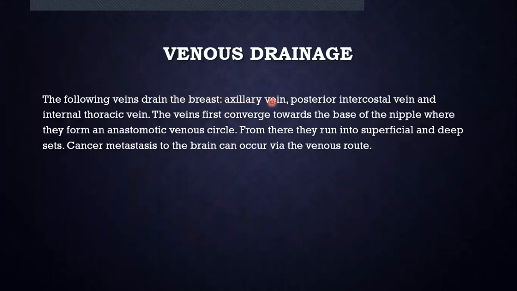These veins, the axillary vein, posterior intercostal vein, and internal thoracic vein, are the main veins which drain the breast. First, the small veins usually converge towards the base of the nipple. Then they form an anastomotic venous circle, from where they run into superficial and deep sets.